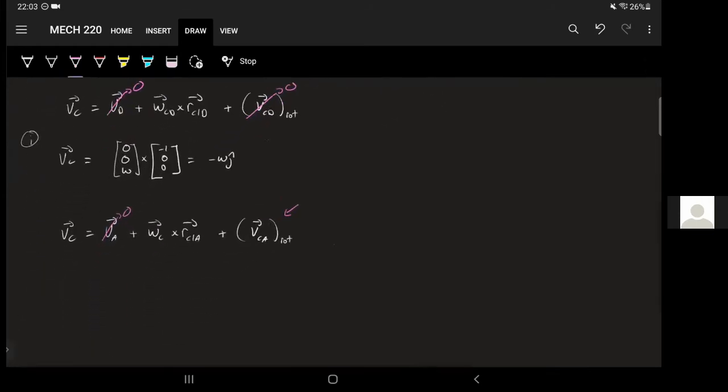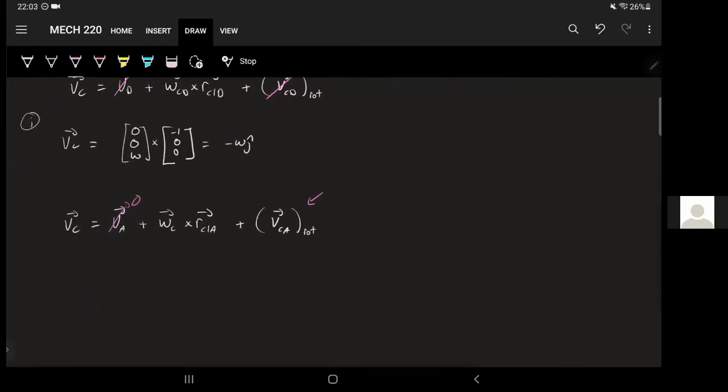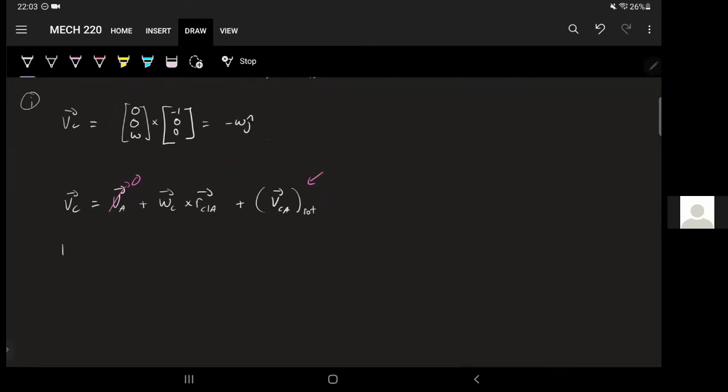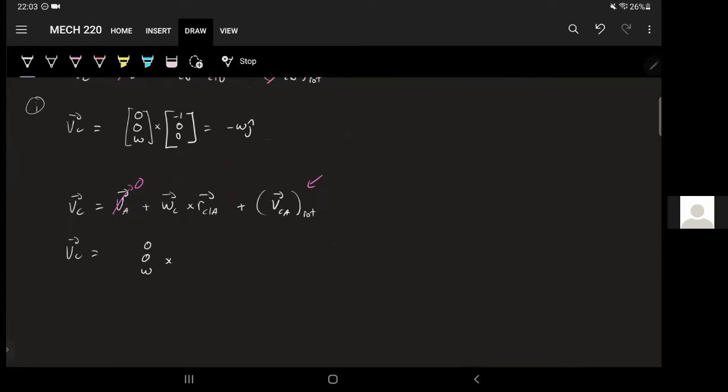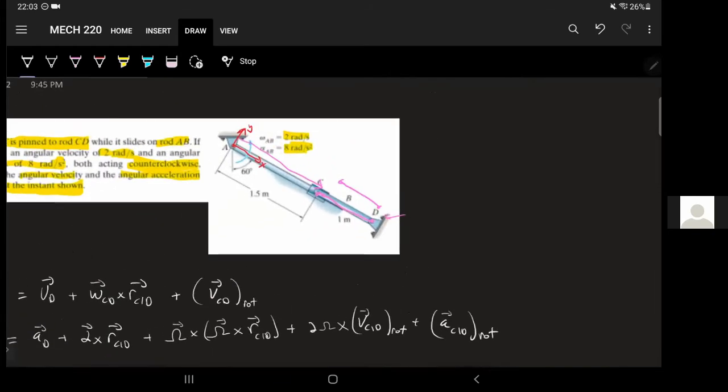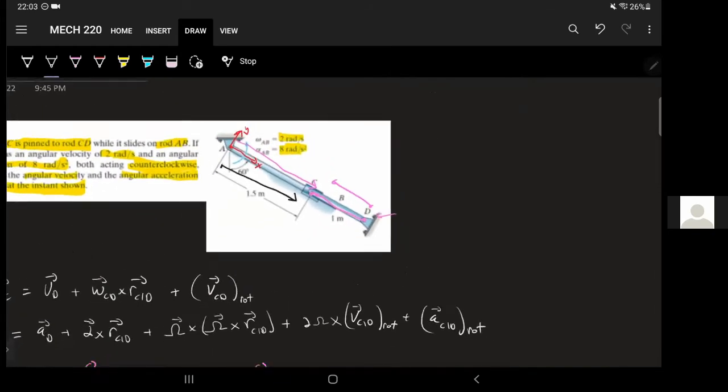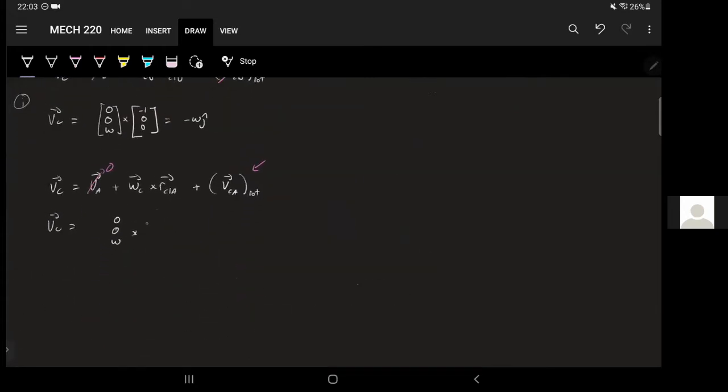So we have VC equals 0, 0, omega cross RCA, which, going from A to C, is 1.5 in the x direction, positive: 1.5, 0, 0.